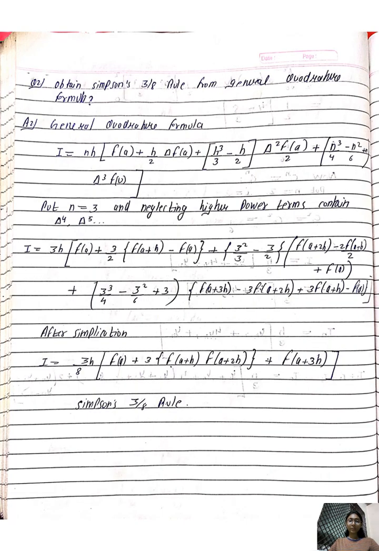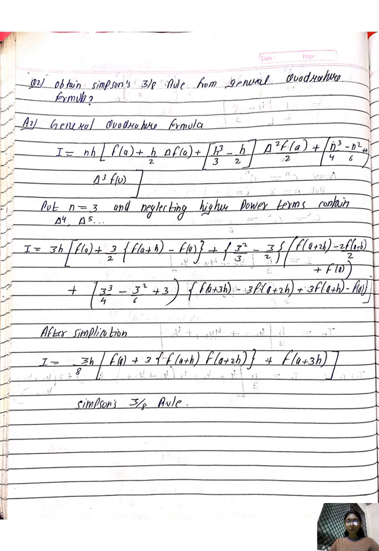So question number 2 is obtain Simpson's 3 by 8 rule from general quadrature formula. Now the general quadrature formula is I is equals to n into h f of a plus h by 2 differentiation of f of a plus braces open h cube by 3 minus h by 2 into second differentiation of function divided by 2 plus h cube by 4 minus h square by 6 plus h divide into third differentiation of function.